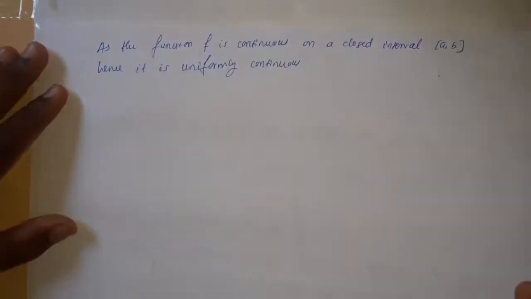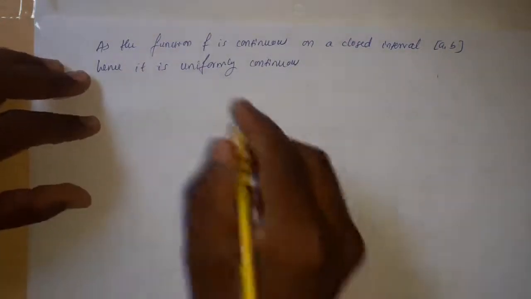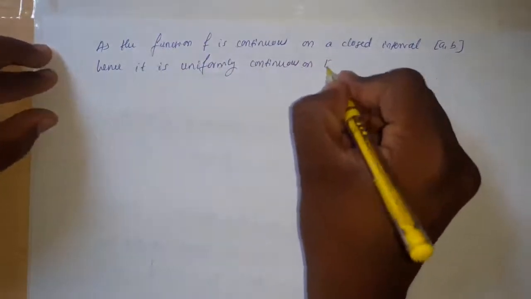If f is continuous on a closed interval, then we can say that it is uniformly continuous on the same interval [a, b].